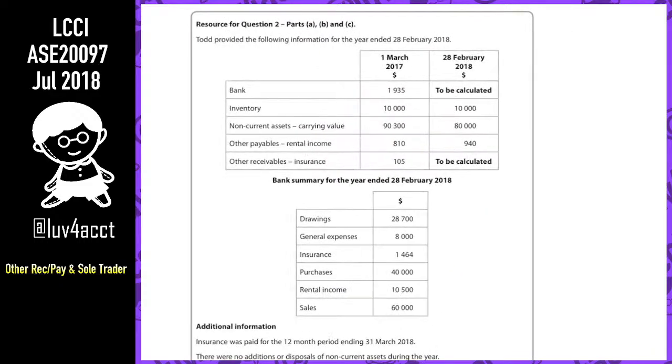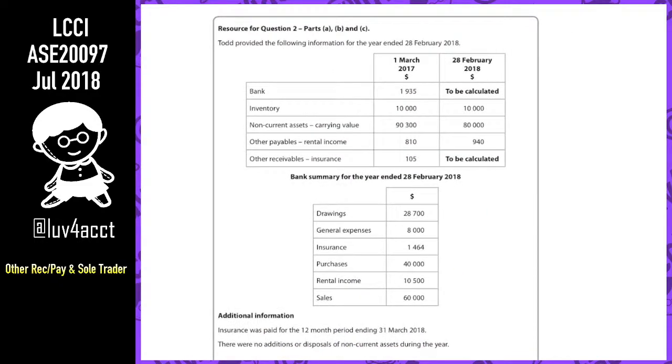So let's see what is given to us for rental income as well as this insurance account. Opening bank, closing to be calculated, inventory, non-current asset carrying value, and then we have other payables for rental income, other receivables, insurance.